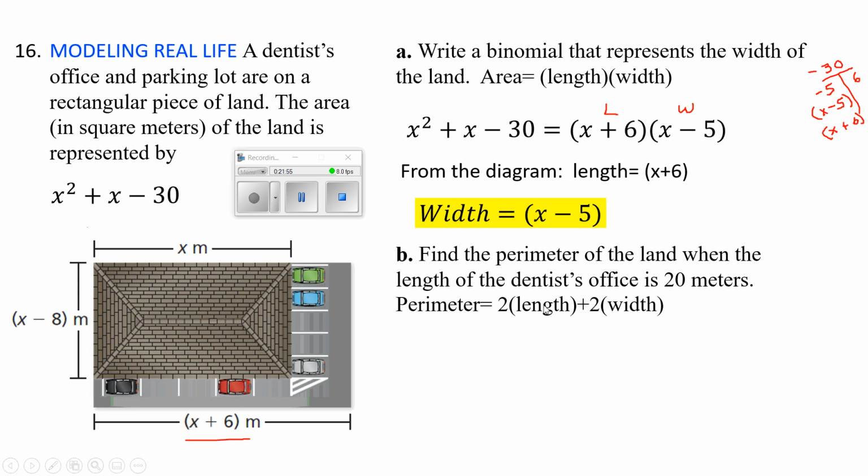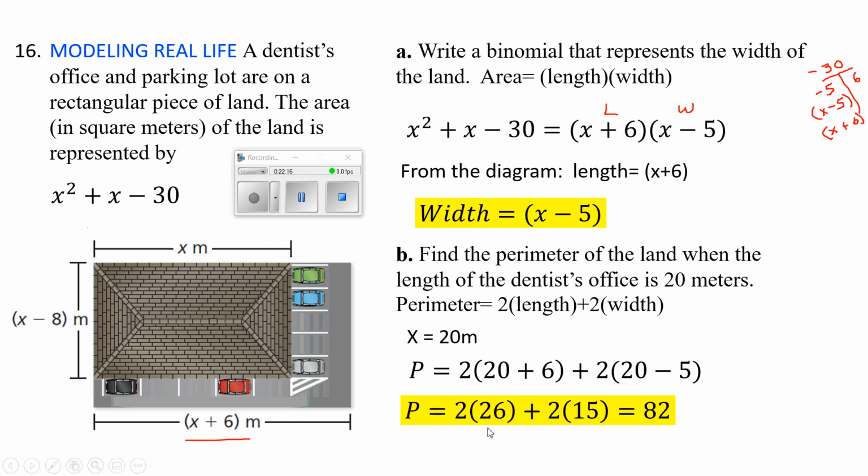The length was x plus 6, and we replace x with 20, so that's 20 plus 6, which is 26, and 26 times 2 is 52. The width was x minus 5, so 20 minus 5 is 15, and 15 times 2 is 30.